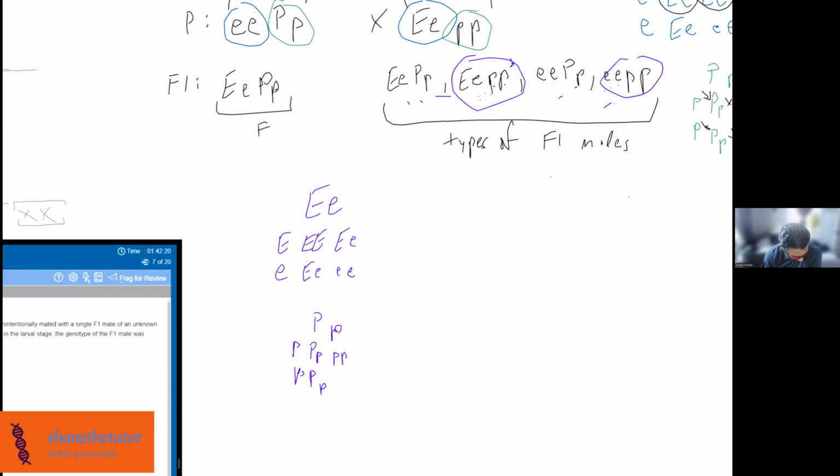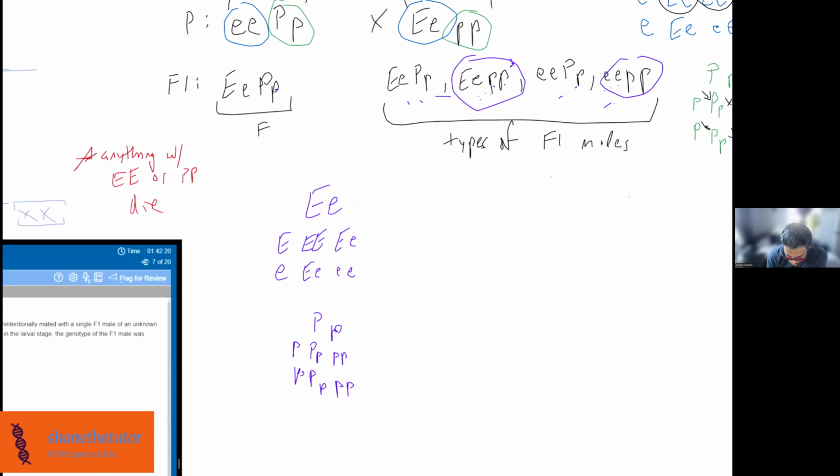So this would be big P, little p, little p, big P, little p, little p. Okay. Now, from this, maybe I'll write this in red. We know that anything with big E or big P will die during the larval stage, right?